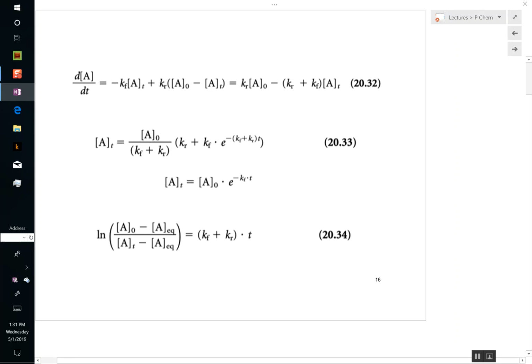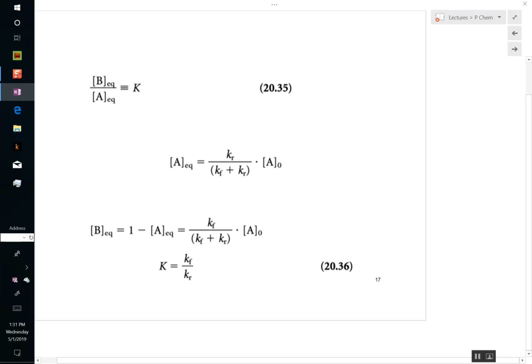Okay, we're continuing to go down through here. Oh, I'm sorry, I went the wrong way. So now the concentration of B at equilibrium divided by the concentration of A at equilibrium, when you let this reaction go a long time until it reaches equilibrium, is the equilibrium constant. Too many K's now.